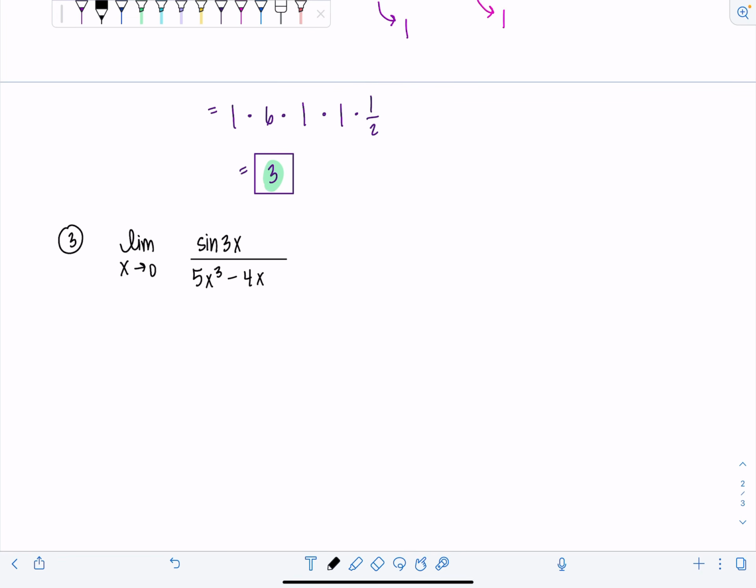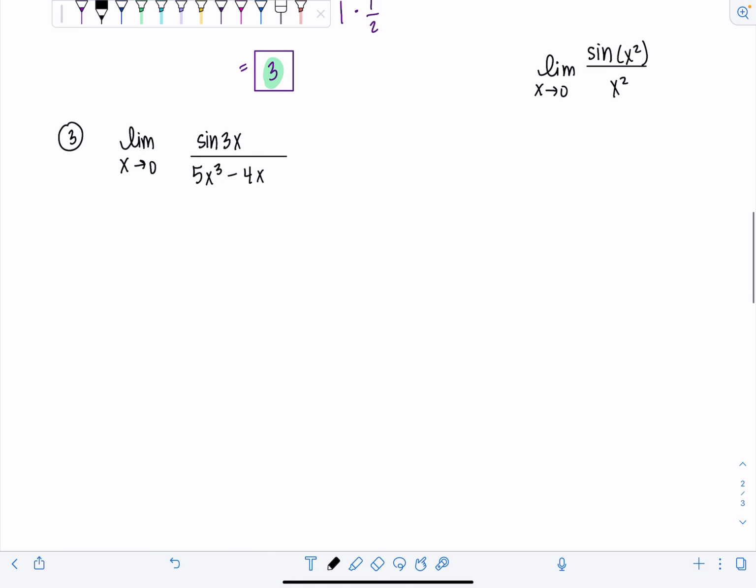Now let's think about things here. I haven't dealt with x cubed before. We only have x to the first, or you could have something like sine of x squared over x squared. That would be fine. You could say that that's going to 1. However, when we have these two terms in the denominator, that's not very helpful.